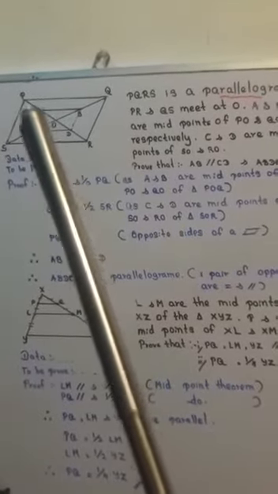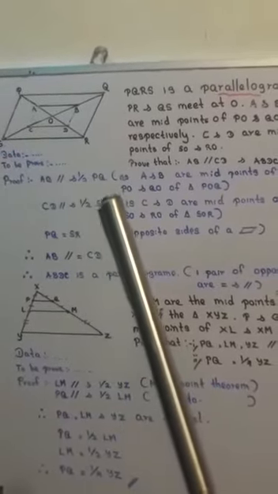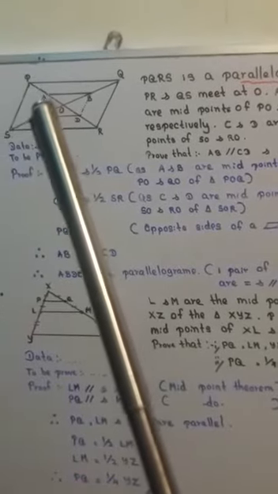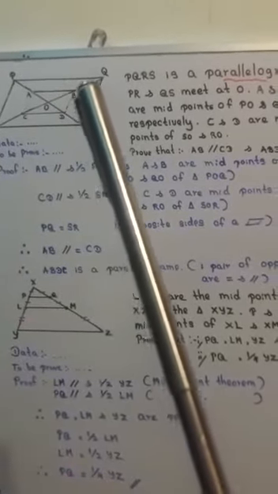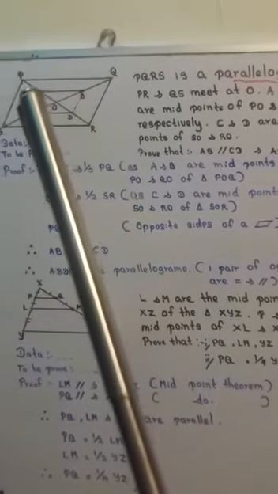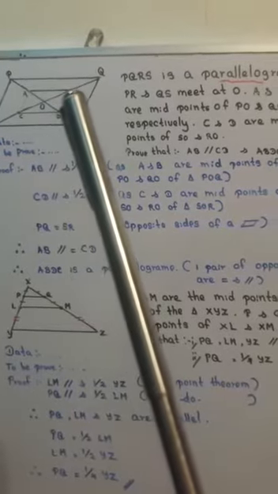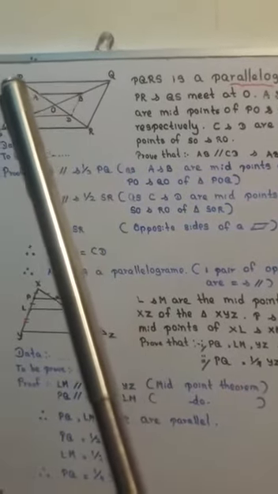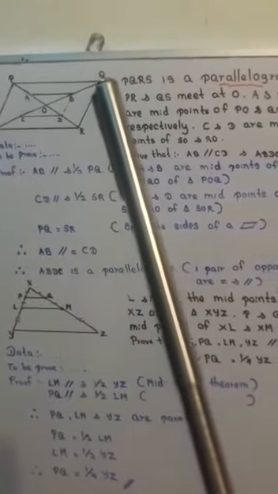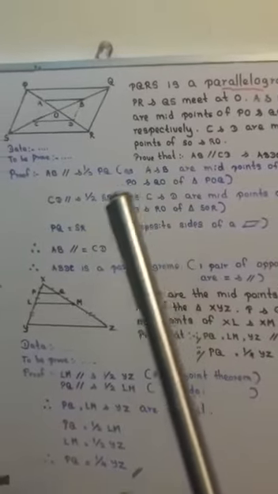AB we can say is parallel and half of PQ. Why? These two are midpoints. This connecting line, known as the mid-segment, is equal to half of the third side, that is PQ, and also parallel to PQ.